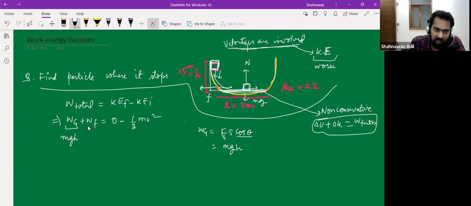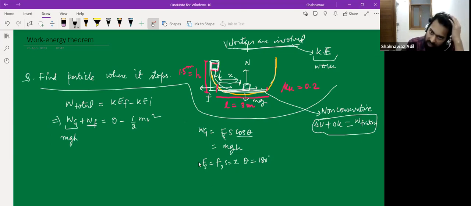So the work done due to friction will be what? Cos theta is 180 degrees, F is F, and let's say we have to find where it stops. Let's say this is x, so your displacement is x. Am I correct, guys?